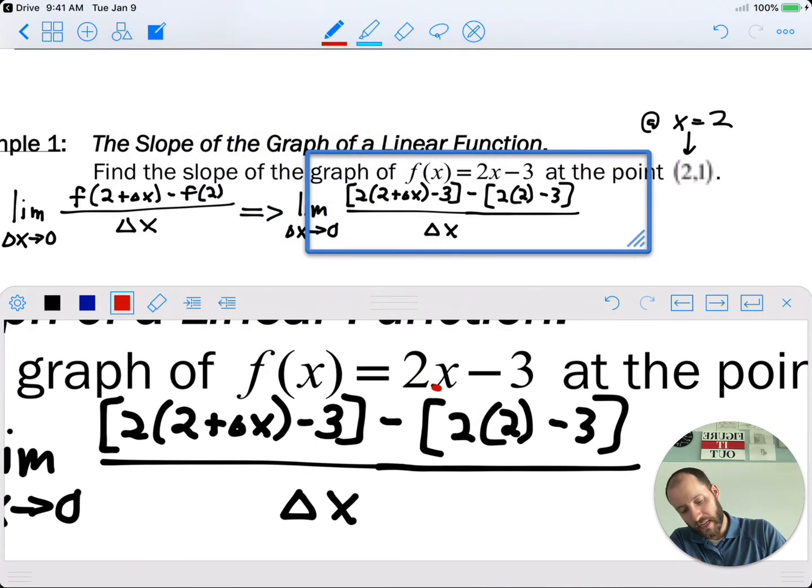You see the x here in 2x minus 3. So just plugging in 2 plus delta x for x in the first bracket, plugging in 2 for x in the second bracket.